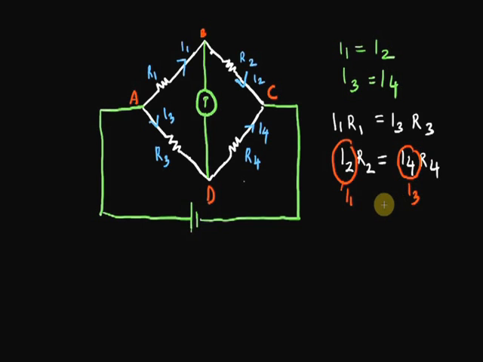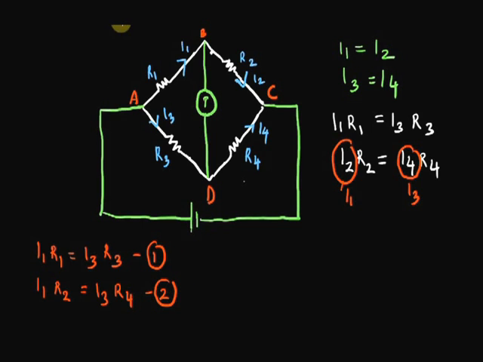So my two equations are I1 times R1 is equal to I3 times R3, and I1 times R2, I've replaced my I2 with I1, is equal to I3 times R4. So we'll call this equation 1 and this equation 2.